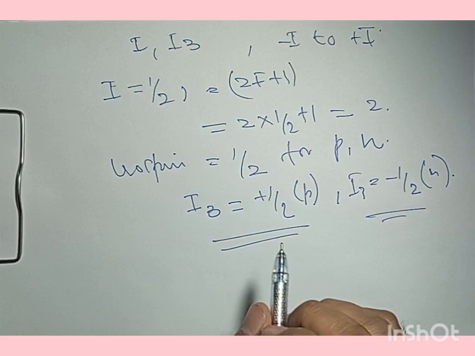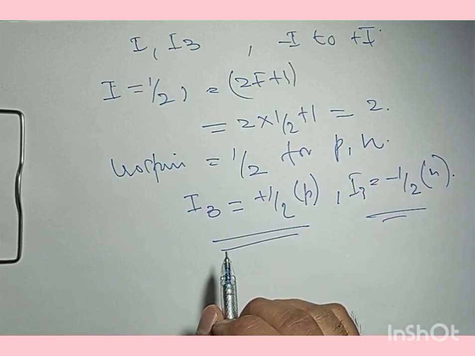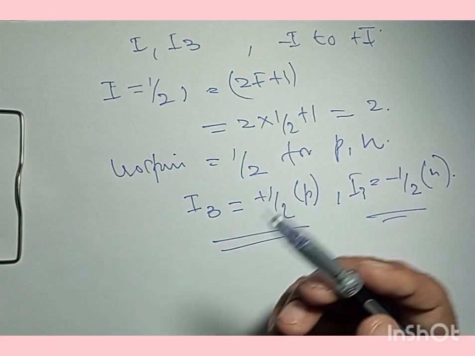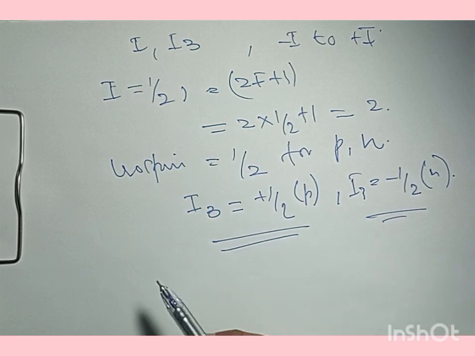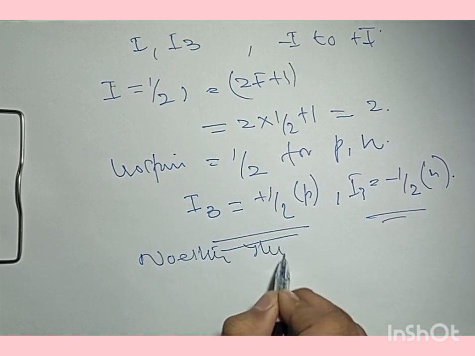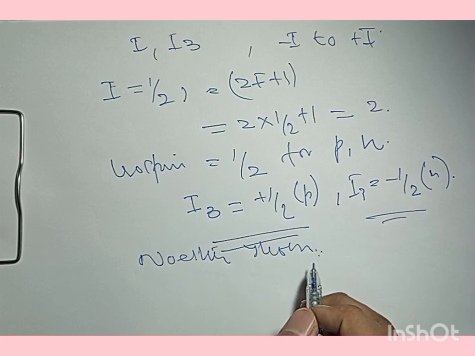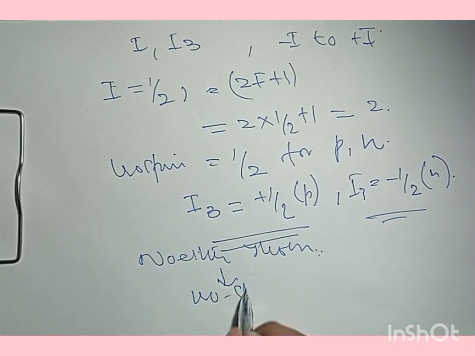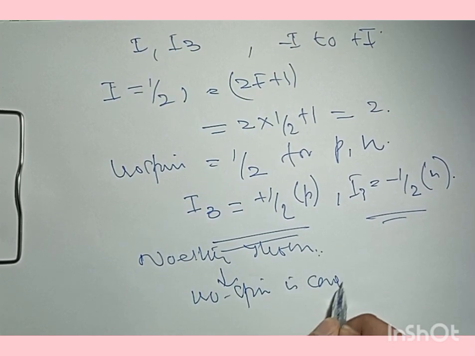Now, if the strong interaction, or the strong nuclear force, is invariant under rotation in the isospin space, then according to the Noether theorem that I simply stated, isospin is conserved.